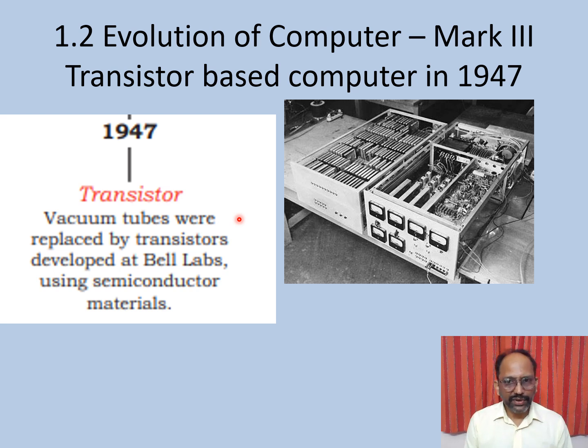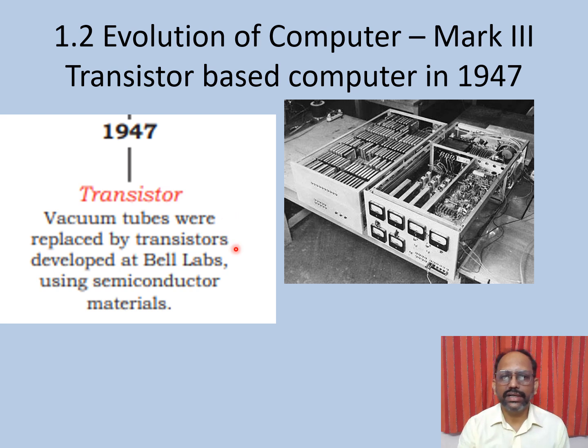When the transistor was invented in 1947, transistors were used in the manufacturing of computers. These transistors are very small in size. They are highly reliable. Due to the small size of the transistors, the computer size drastically got reduced.